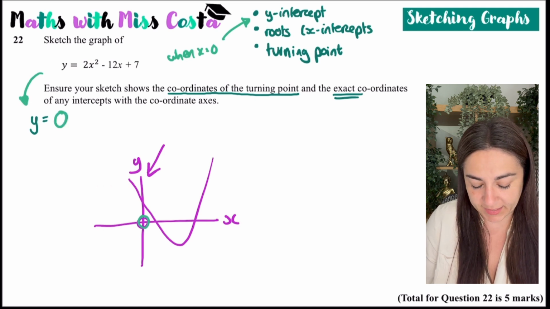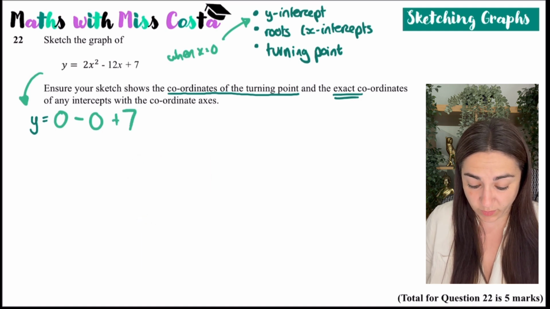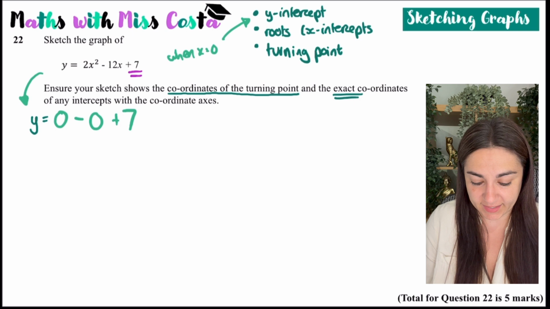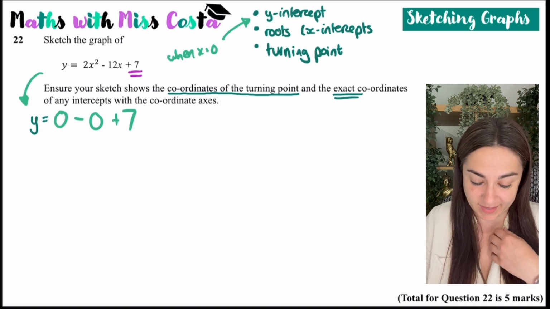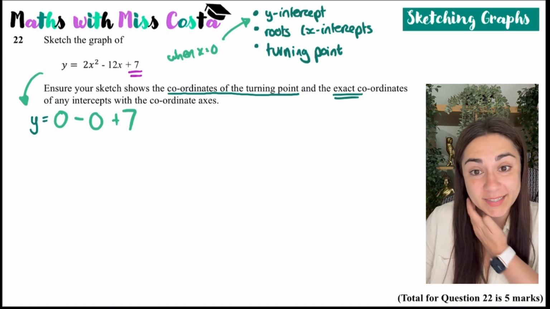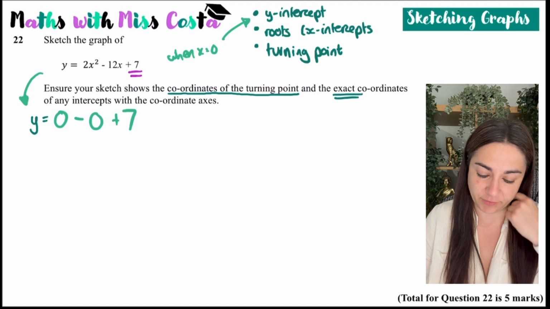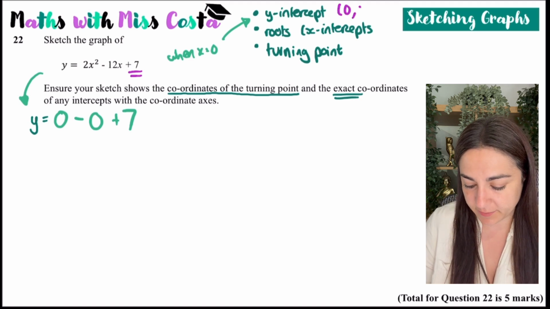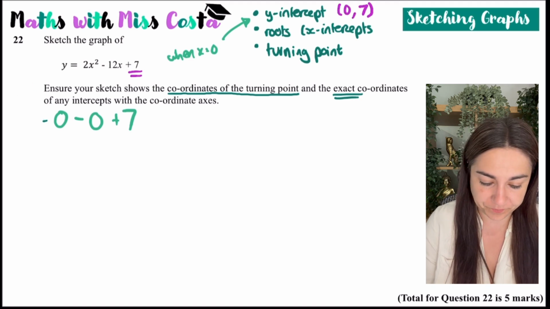So 2 times 0 squared is going to be 0, 12 times 0 is 0, and then you're left with positive 7. The quick way to figure out what the y-intercept is, in the form ax squared plus bx plus c, it's c, just like it is for a straight line. So the y-intercept is going to be 0, 7.